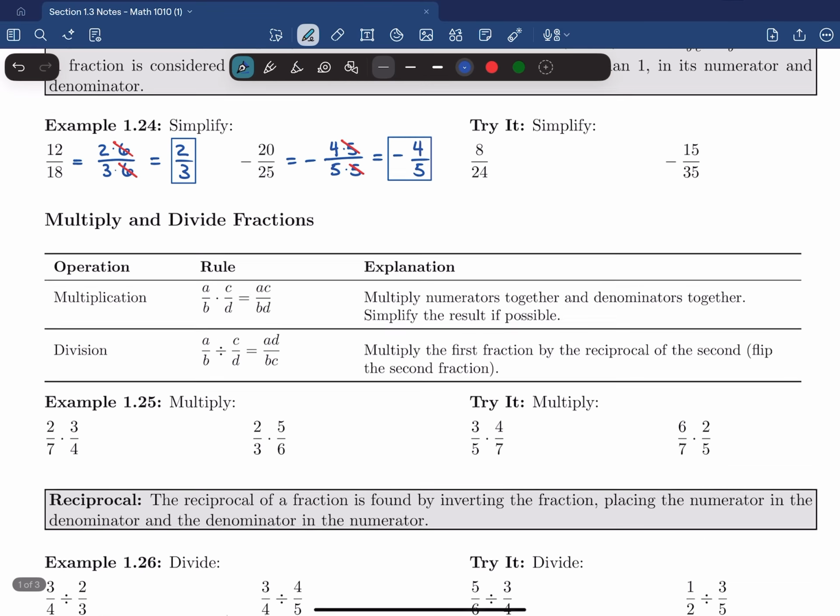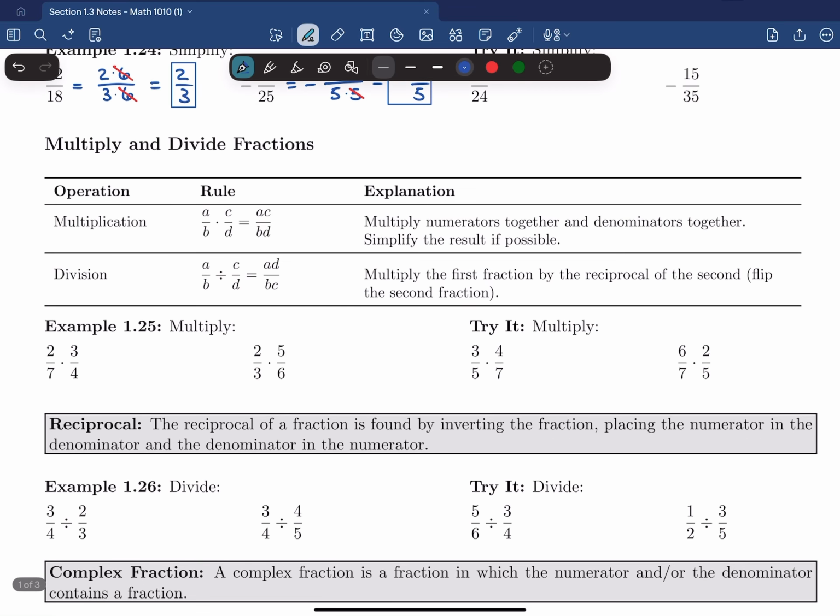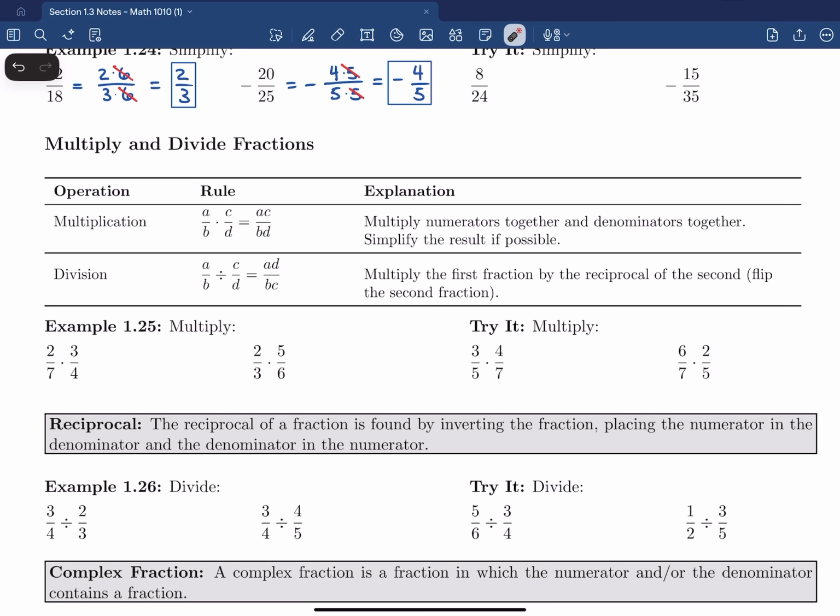Let's move forward and talk about multiplying and dividing fractions. So we could take two fractions and we can multiply them, or we could divide them, or we could add or subtract them. So think of the basic 4 operations from 3rd grade onwards. So we're going to use those operations with fractions. Let's begin with multiplication.